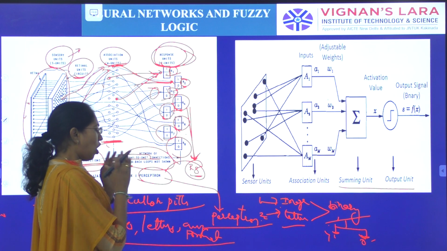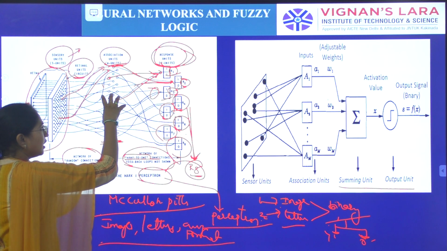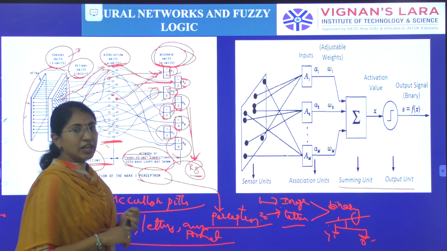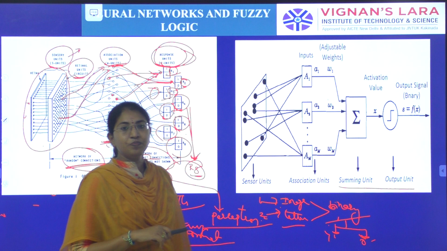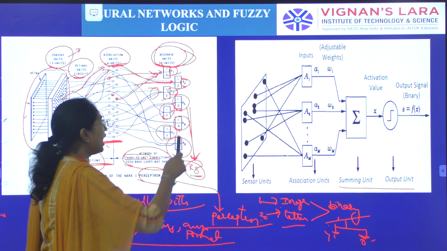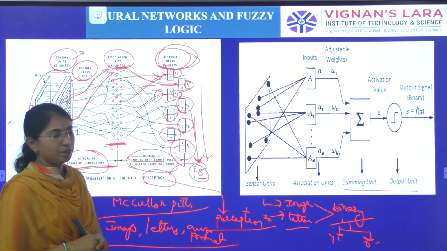So after converting all the unnecessary input into some predefined format, let it be binary, it generates either 1 or 0 at each output of the response unit.